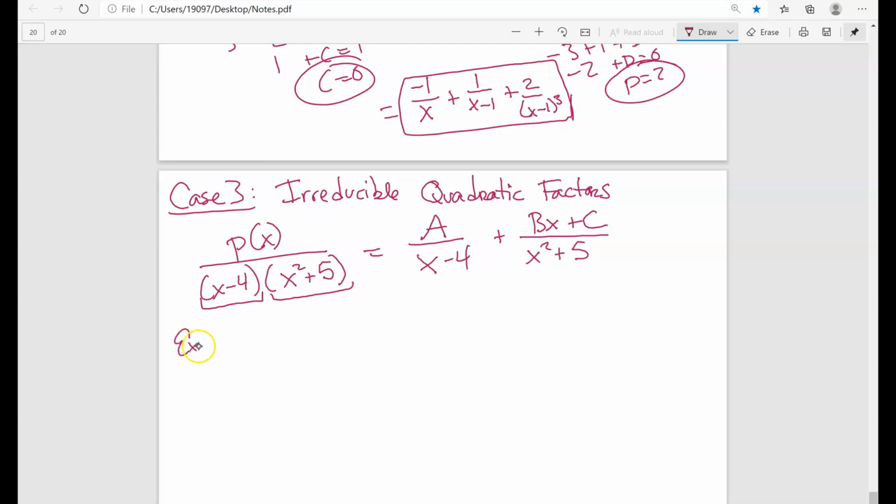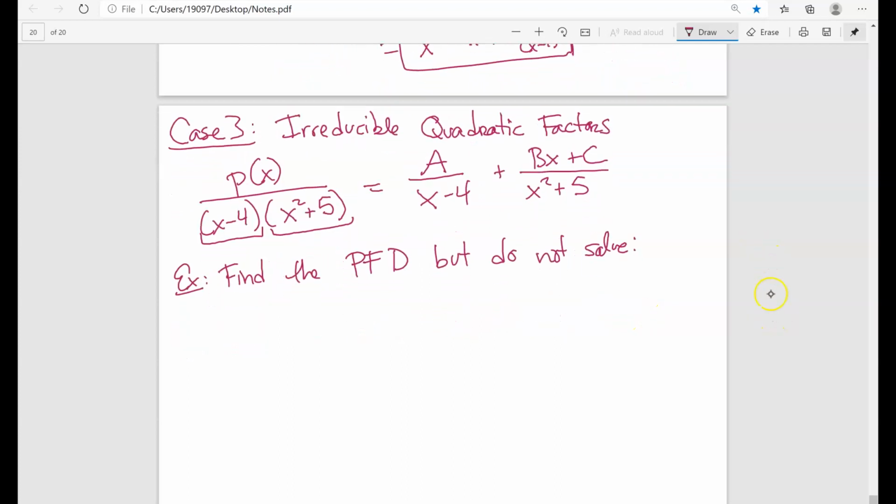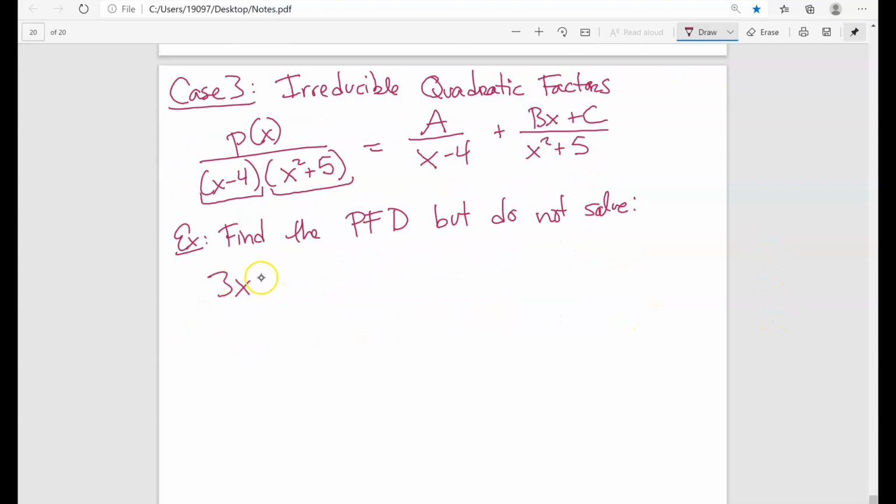Okay, so all we want to do is find the partial fraction decomposition, but do not solve. Okay, so let's say you had 3x minus 4 divided by x cubed plus 6x. Okay, let's just say it's that.